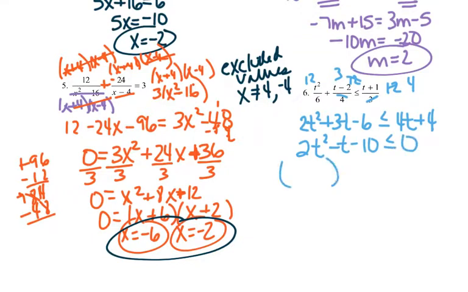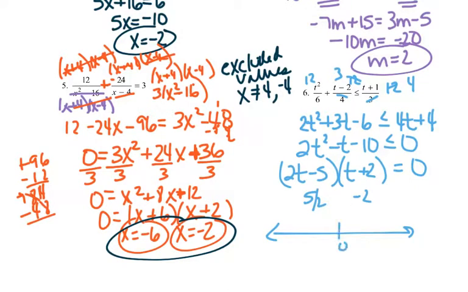Do you remember how to do these quadratic inequalities? Right, remember how we just factor? And then we get two values here. The values are 5/2 and -2, but we put them on the number line, right? Open circle or closed circle? It's like 5/2 closed circle, right? And then if it's less than or equal to, you might remember that it's in between, or you could test a 0.